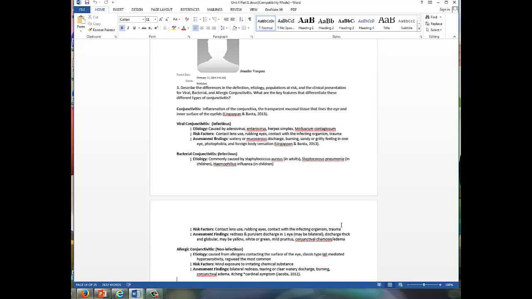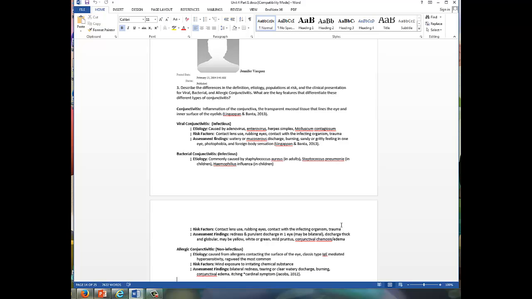Some of the key things: viral occurs with viral symptoms. You'll have a patient with upper respiratory symptoms and red eyes. With bacterial conjunctivitis, the key diagnostic feature is yellow or green drainage and matting. That's how we know it's bacterial.